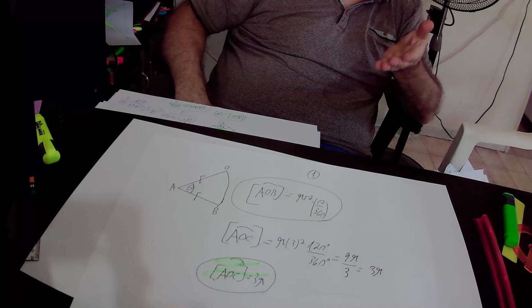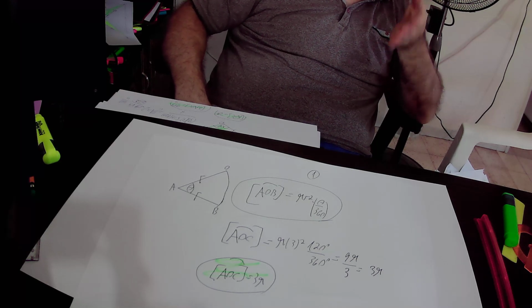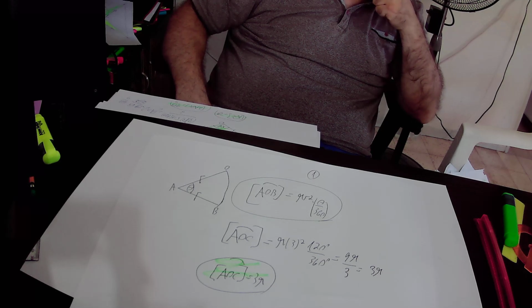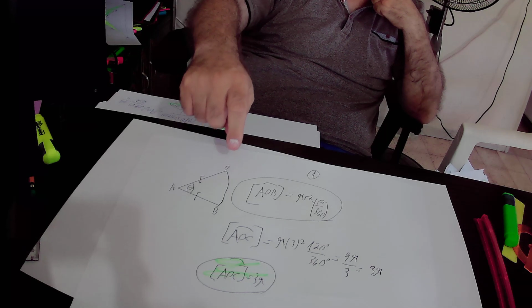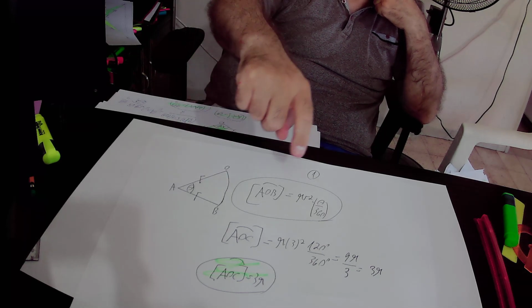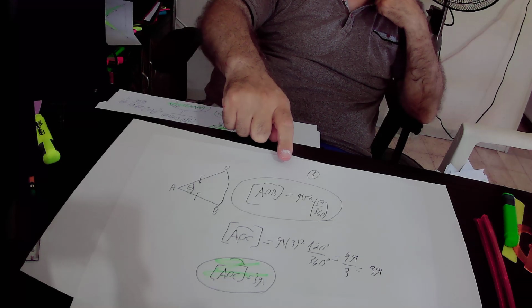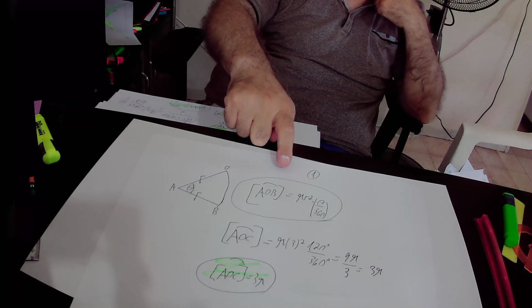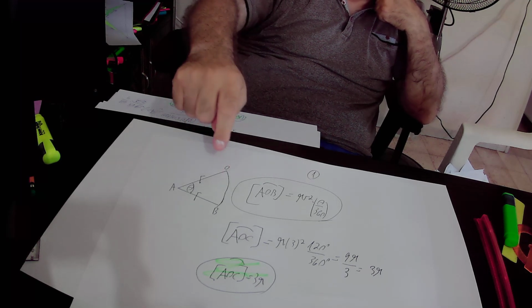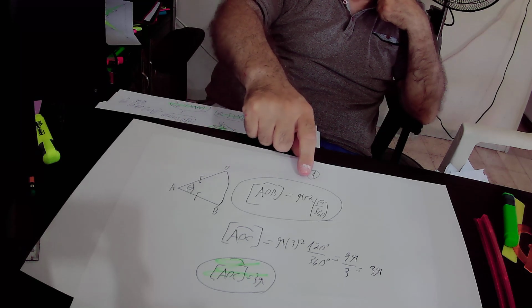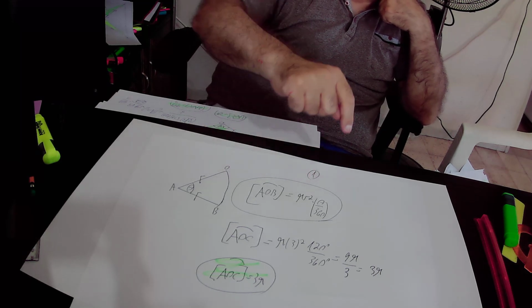Pi r squared is the area of the circle, times theta over 360 degrees gives us the relative percentage that this sector occupies out of the entire circle, and when you multiply it by the area of the entire circle, you will get exactly the area of this sector. So the area of this sector, sector A or B, equals pi r squared times theta over 360 degrees.